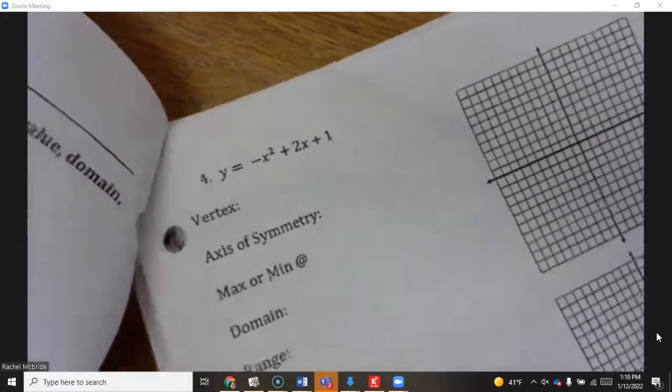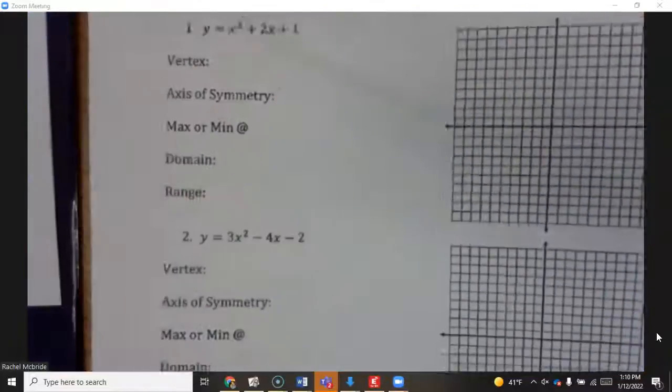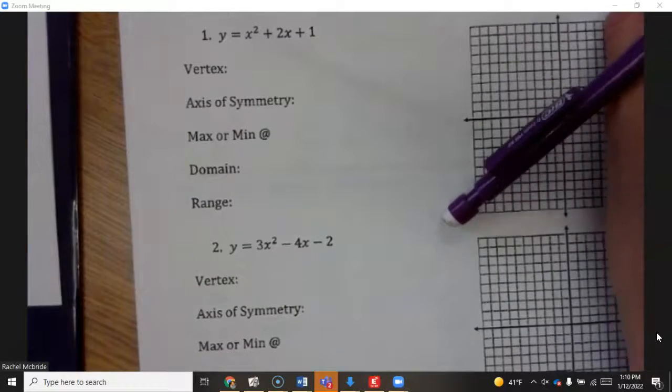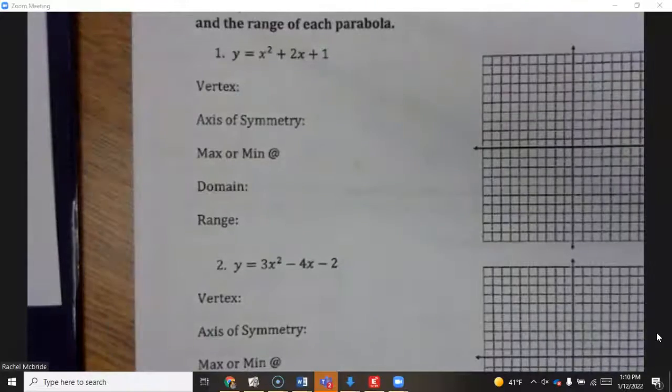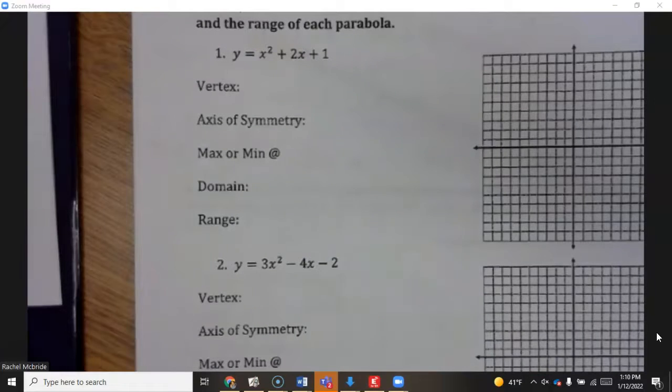For tonight, you're doing the 5-2 homework, day 3. I'm looking at the answers, and I'll let you know if you need a calculator.